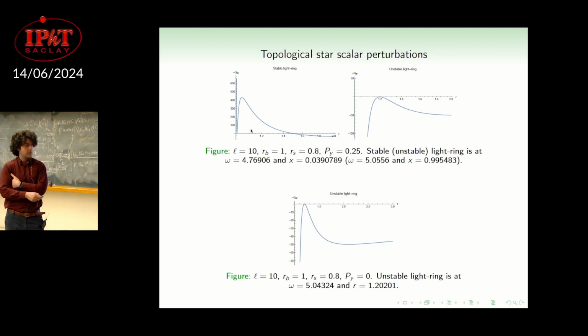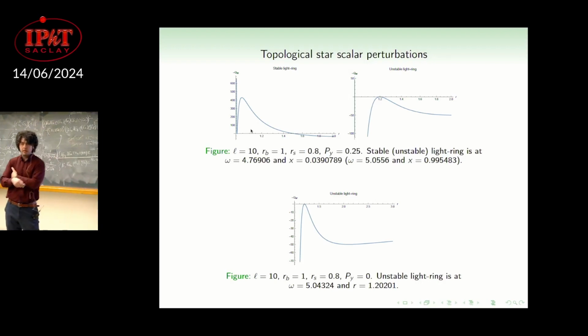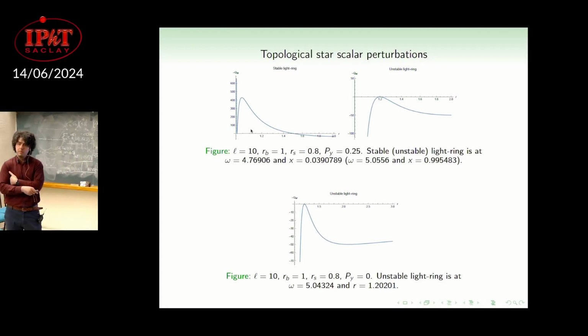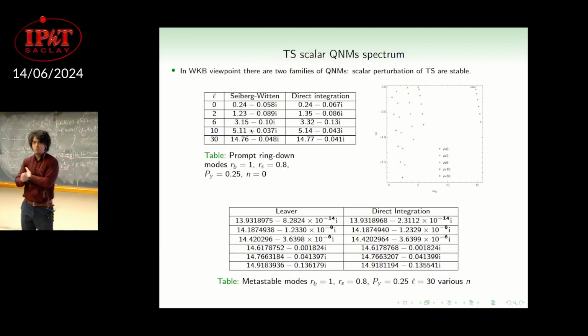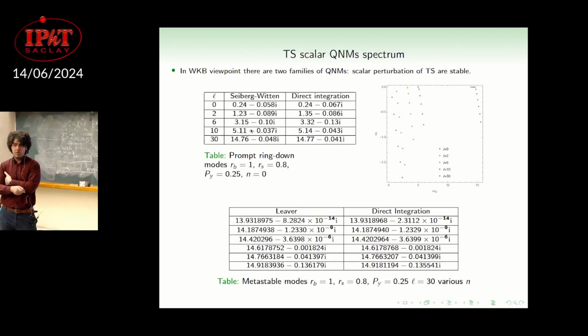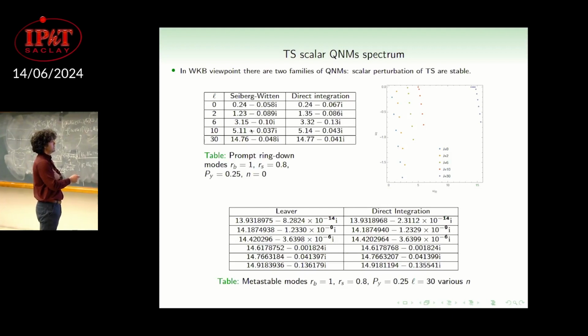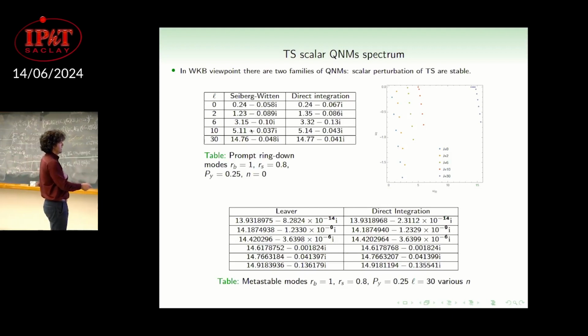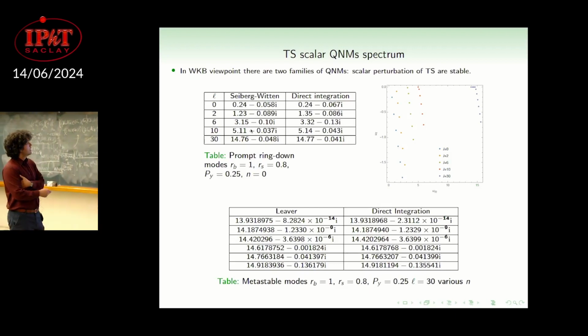Okay, so as I already said when I was talking about the WKB approximation, we expect the existence of two families, two classes of quasi-normal modes. One localized around the maximum, the prompt ring-down modes, and another family localized around the minimum, the metastable modes.